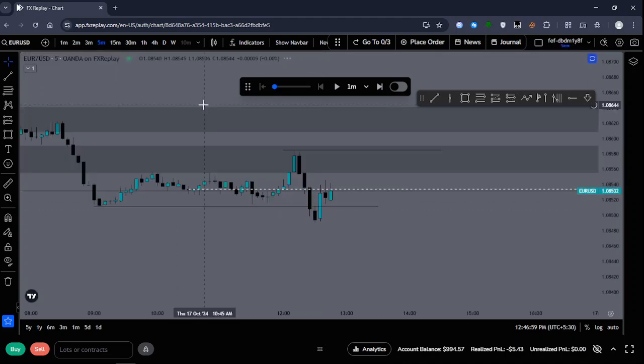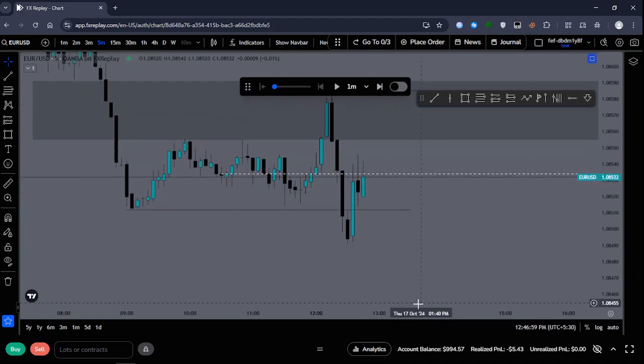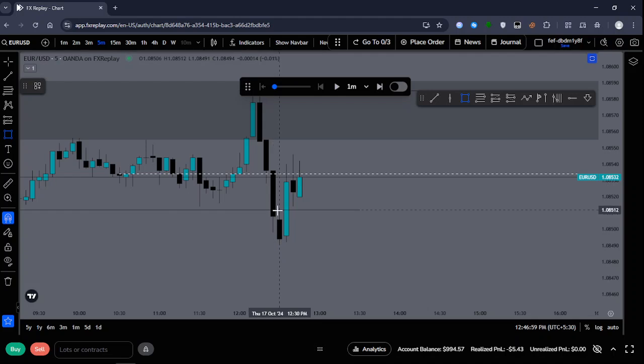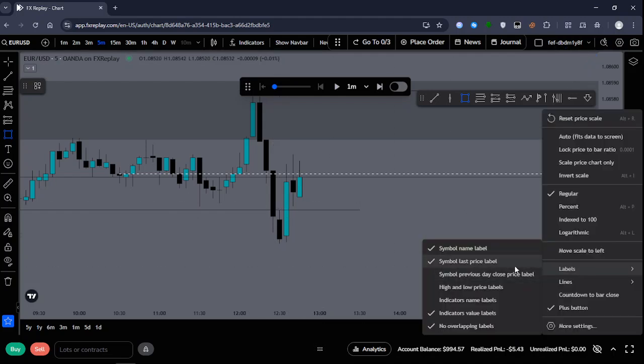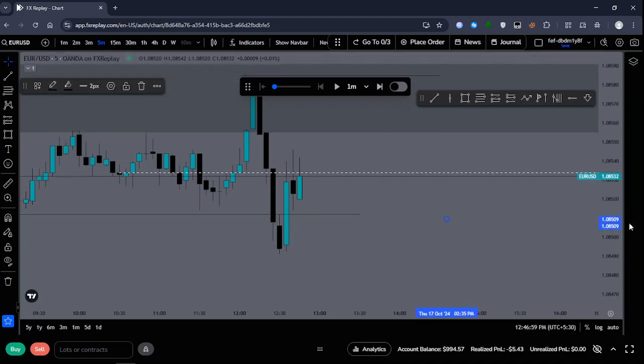Now going into the 5 minute, I got this inverse fair value gap, maybe this tiny little fair value gap there.